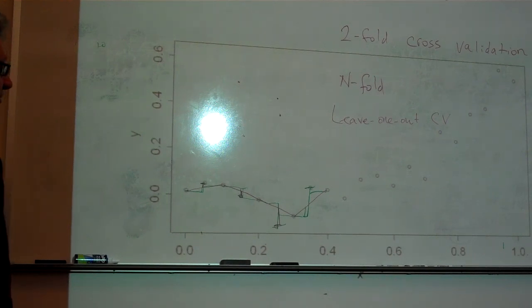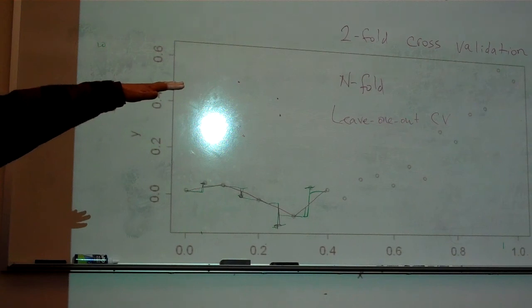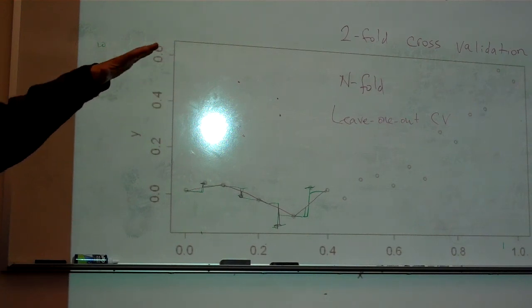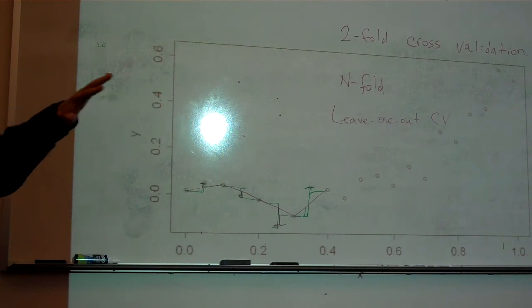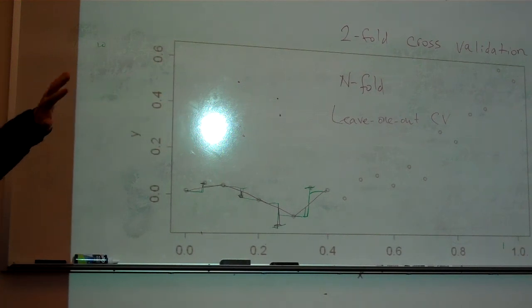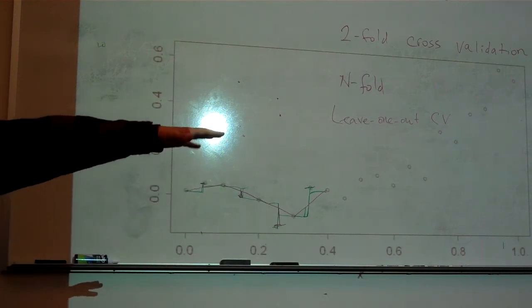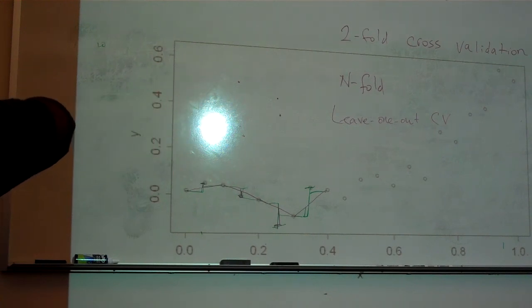Really the limiting factor is how long it takes to fit your model to your training data. If it's a quick model like this, then there's no reason to do twofold cross validation. If it takes an hour, then that's the cost. It's not the cost of the physical data collection.